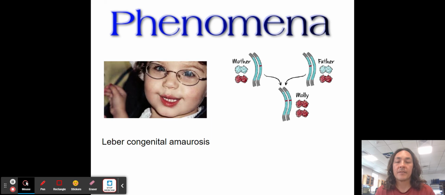The phenomenon that we started this unit with was Leber congenital amaurosis, and this young lady named Molly. And Molly, unfortunately, inherited two recessive alleles that were going to make her blind. These recessive alleles are marked with a little red spot here.